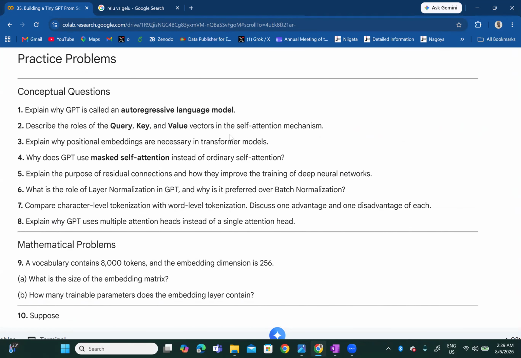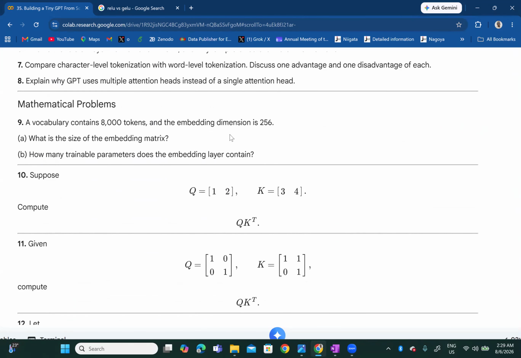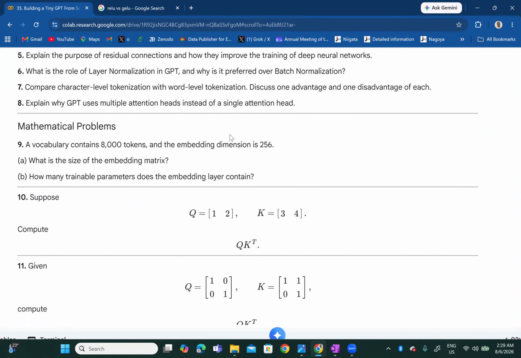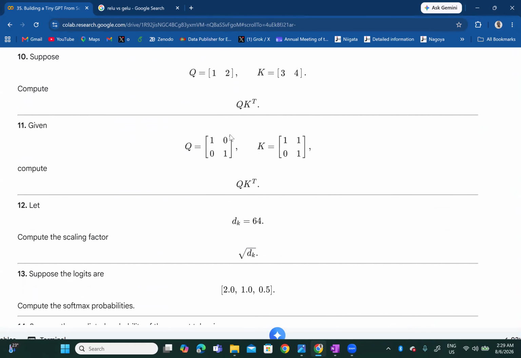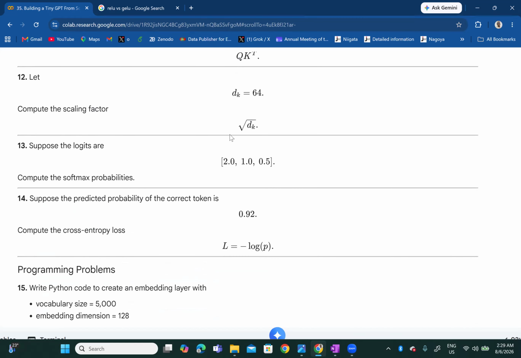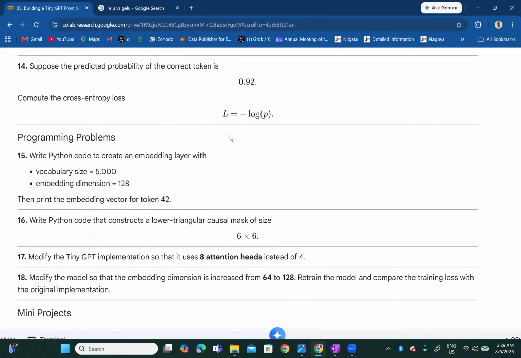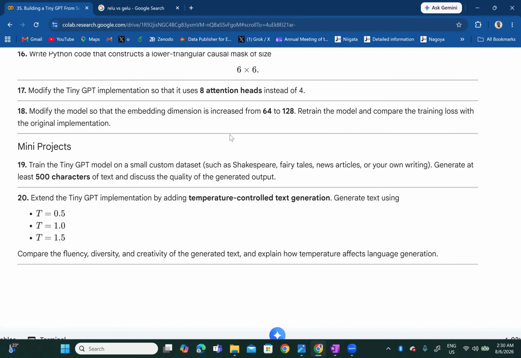You have questions 1 to 9, then questions 10 to 13, then 14 to 18, and after that you have the rest.